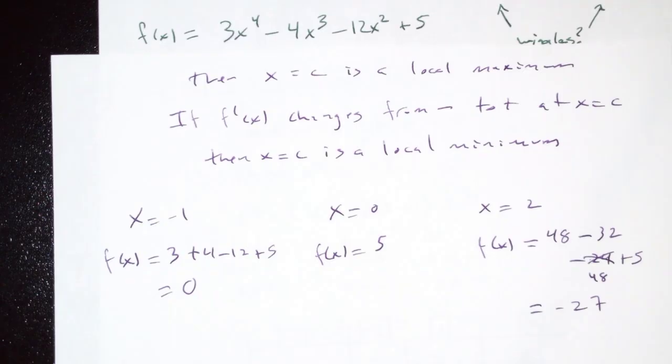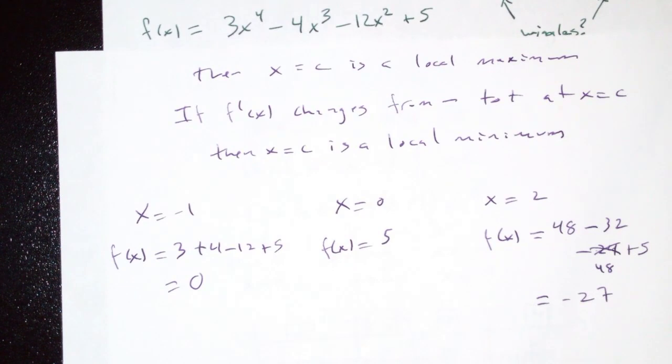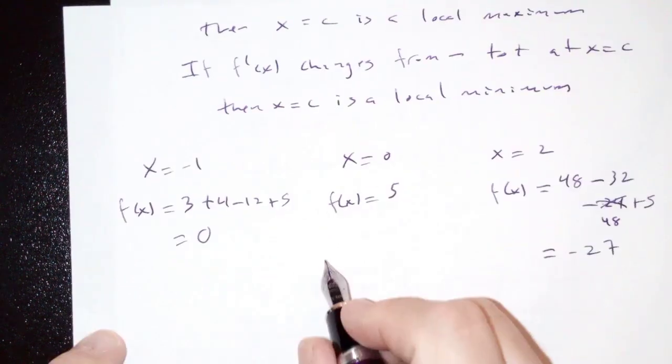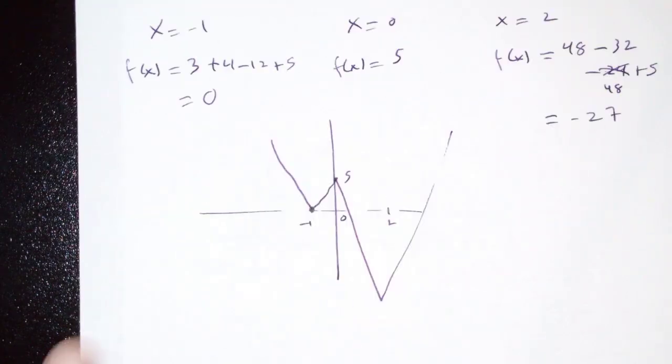Do I have an absolute minimum? And the minimum value is -27. That's the lowest spot on this graph. The graph kind of looks like that.